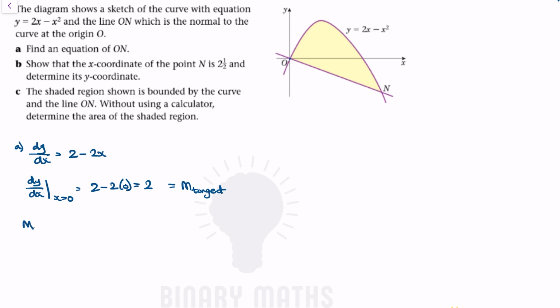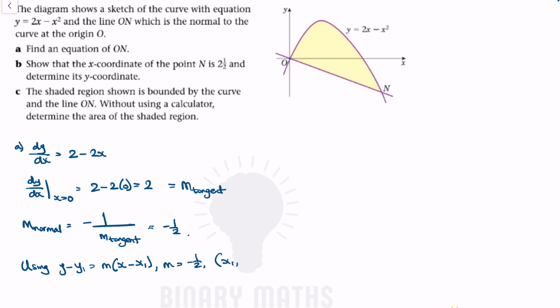The gradient of the normal is the negative reciprocal of the gradient of the tangent, which is equal to minus a half. Now we use y minus y1 is equal to m times x minus x1. I know my gradient for the normal is minus a half, so m is equal to minus a half, and a point that it goes through, x1, y1, is 0, 0.